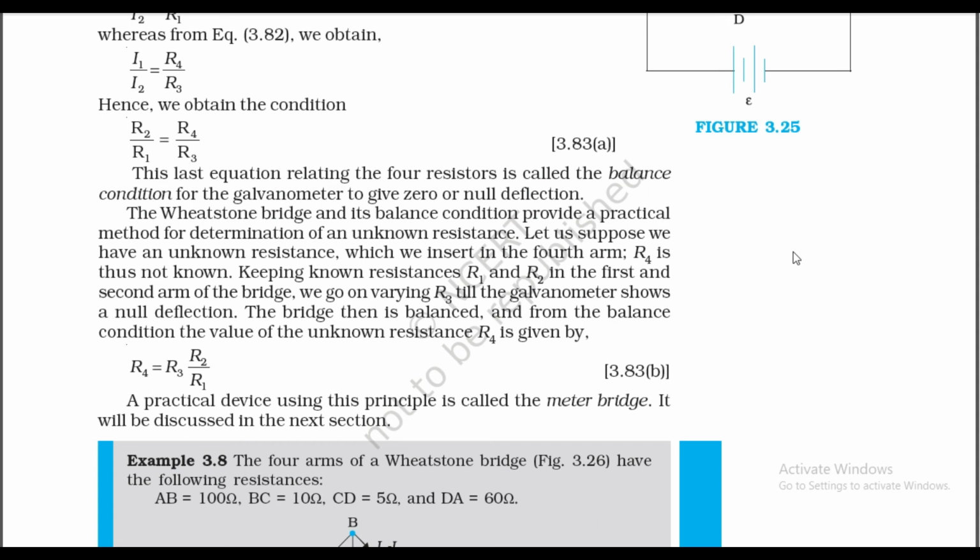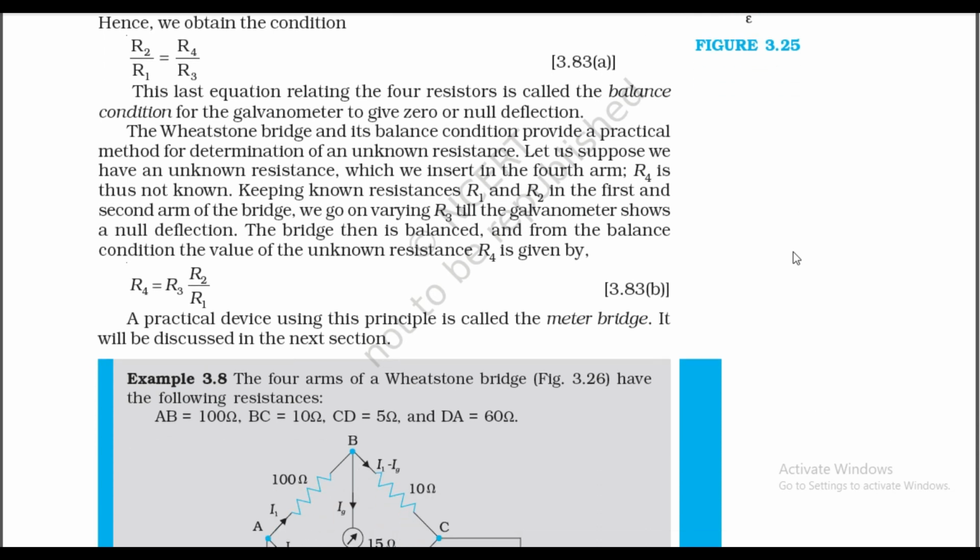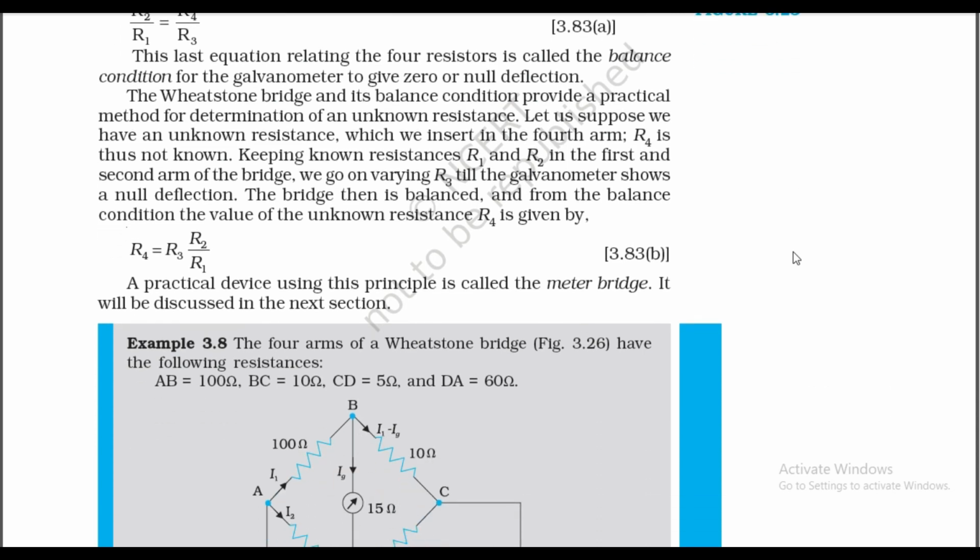R4 is thus not known. Keeping known resistances R1 and R2 in the first and the second arm of the bridge, we go on varying R3 till the galvanometer shows a null deflection. The bridge then is balanced, and from the balance condition, the value of the unknown resistance R4 is given by R4 is equal to R3 R2 by R1.